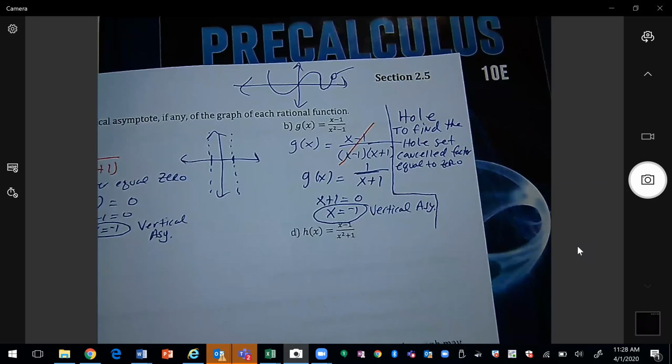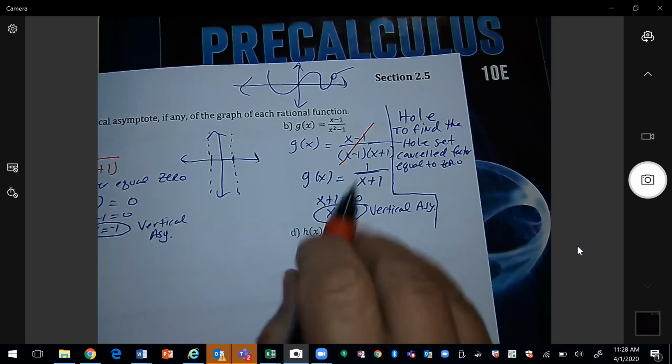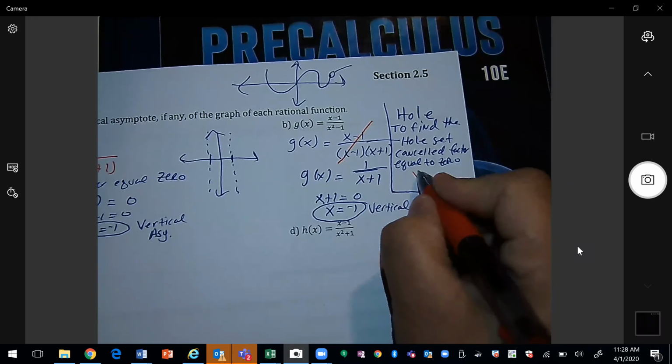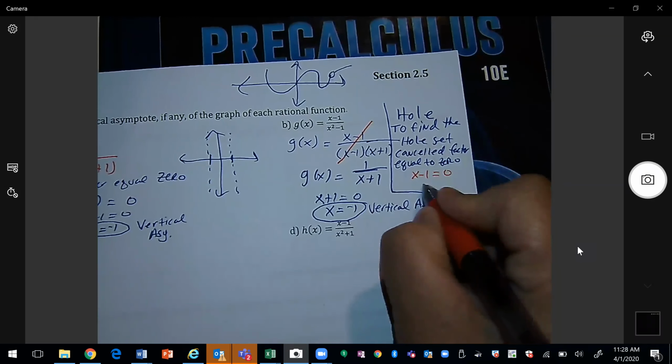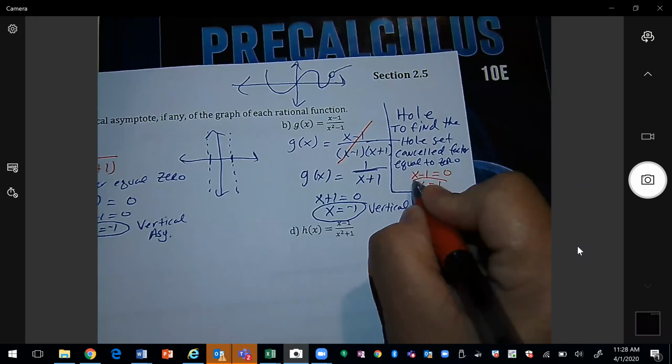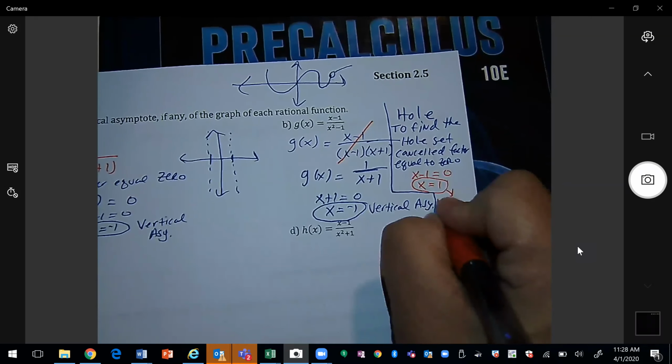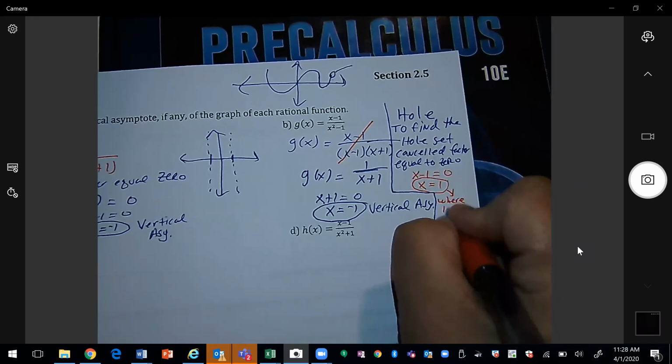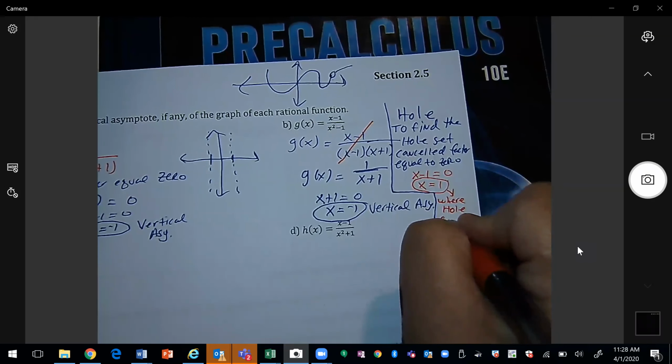So in this example, our canceled factor was x minus 1. So I'm going to set it equal to 0. So this is where the hole appears.